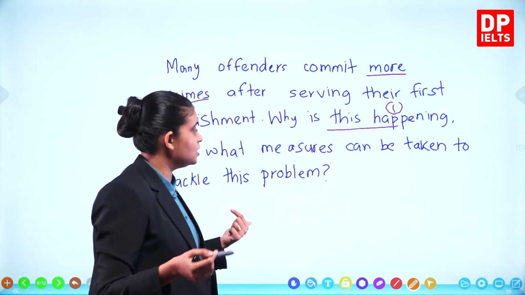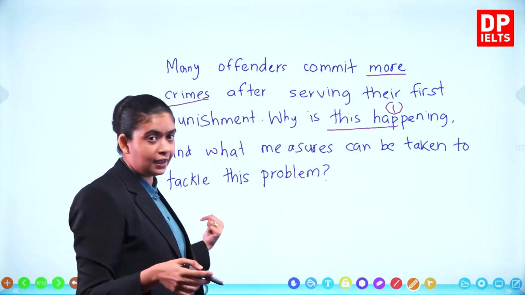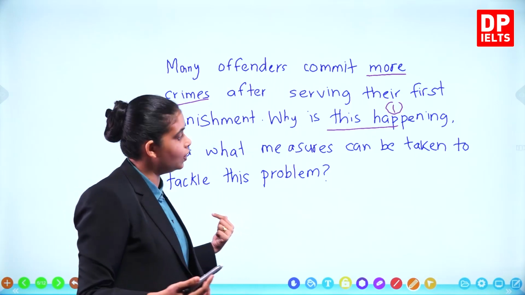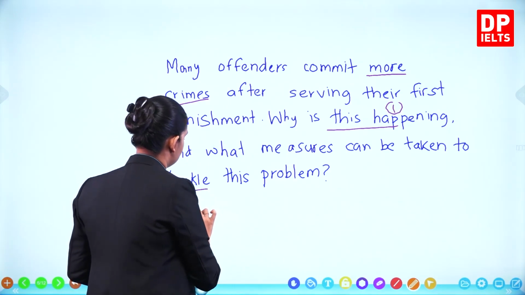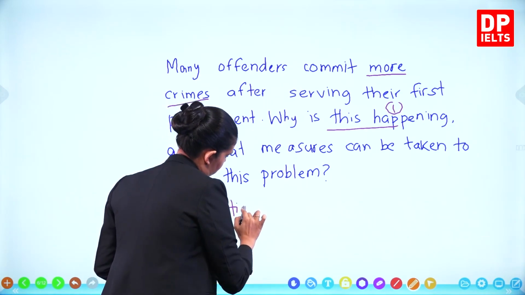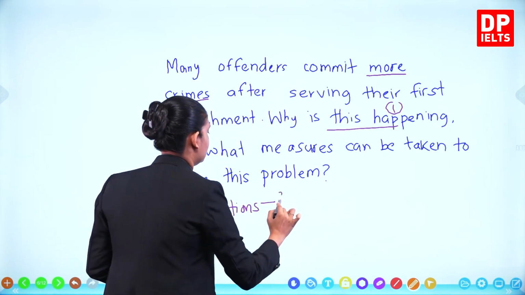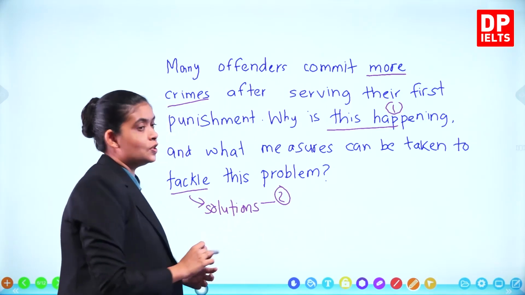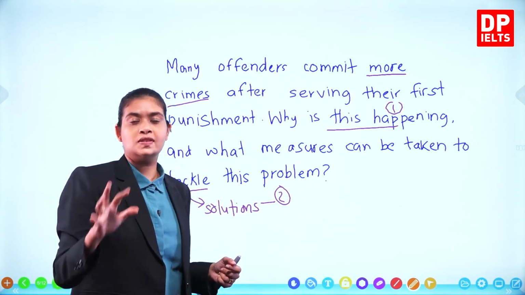And what measures can be taken to tackle this problem? So, in other words, here they are asking you for the solutions. So, that is the second part. So, this is cause and solution.